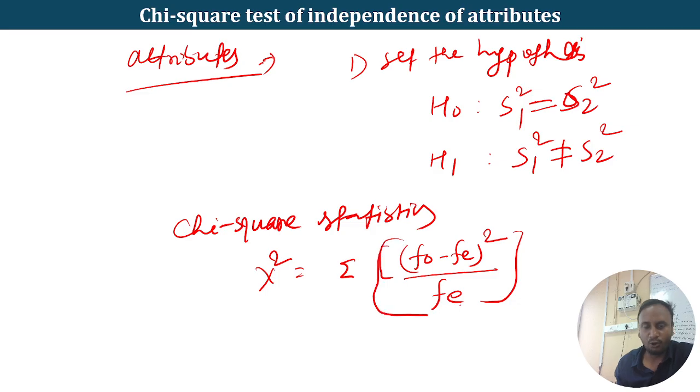It's a summation of the whole. This becomes the chi-square statistic, and then degree of freedom will become n minus 2, is it? And level of significance is alpha.